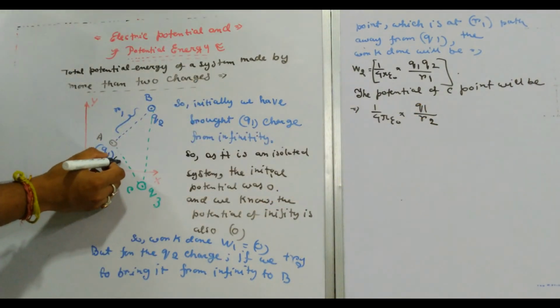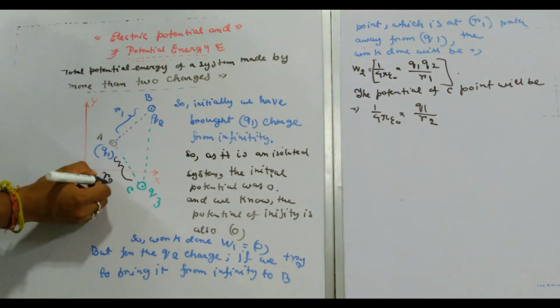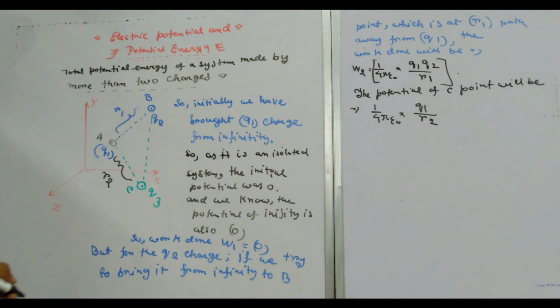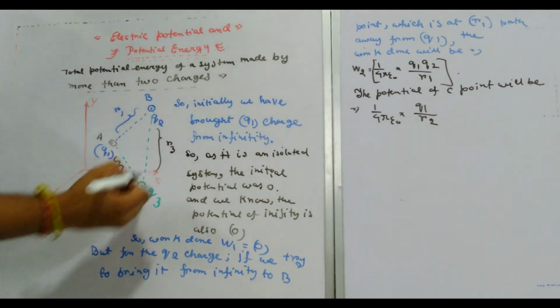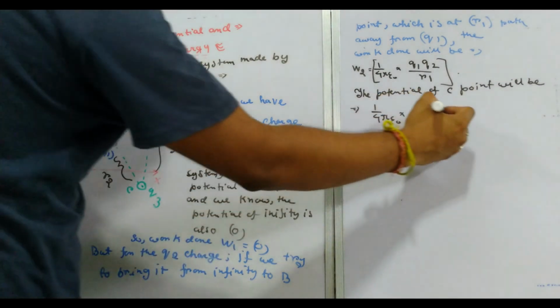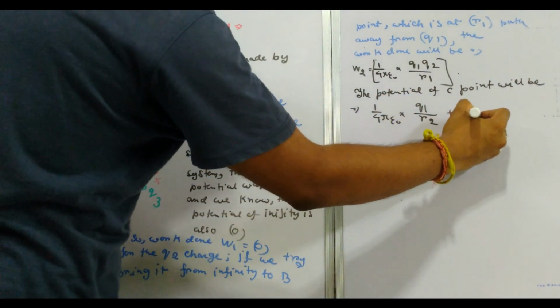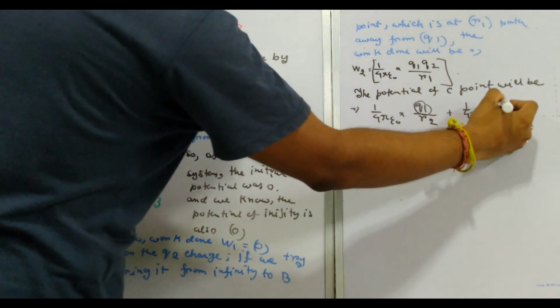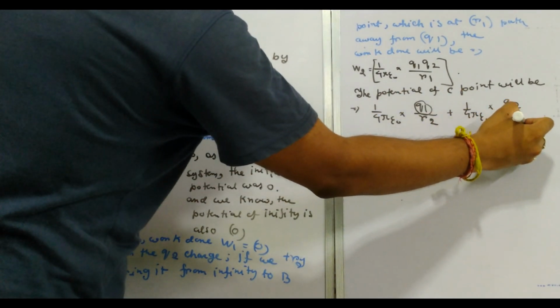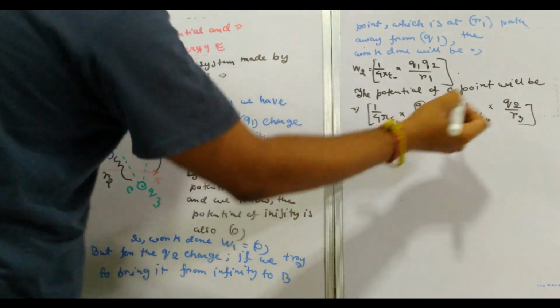We are thinking that from point A, point C is at a distance of r2, and from point B, point C is at a distance of r3. So this will be the potential generated due to the q1 charge plus the potential generated due to the q2 charge, right?